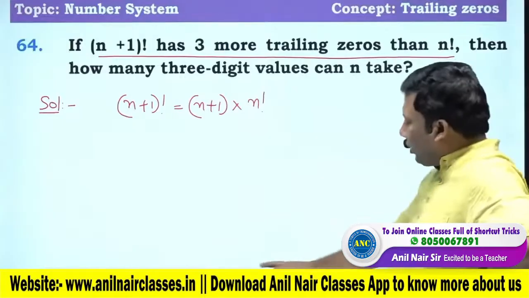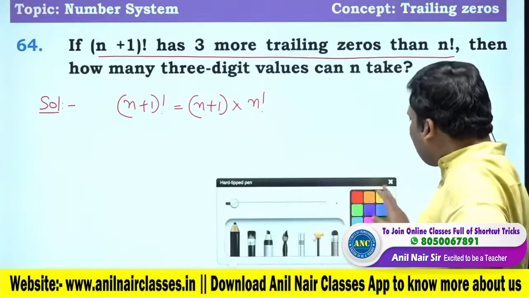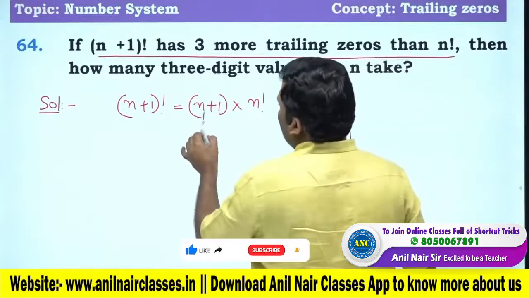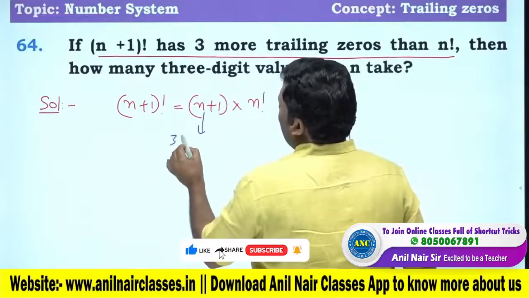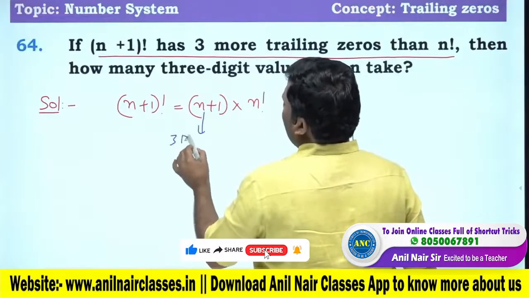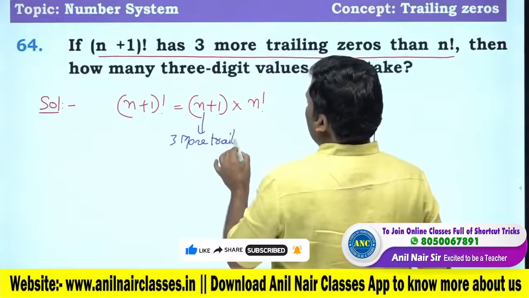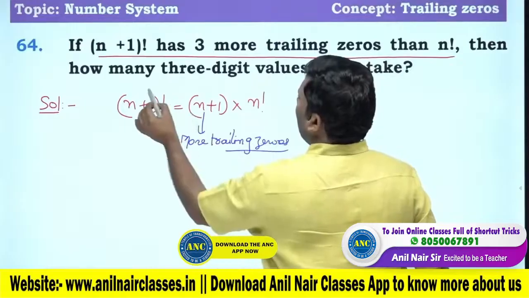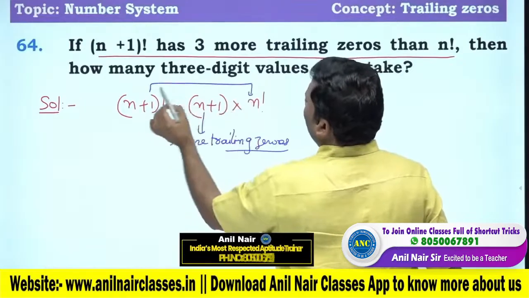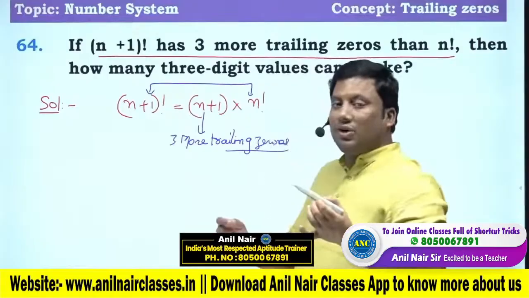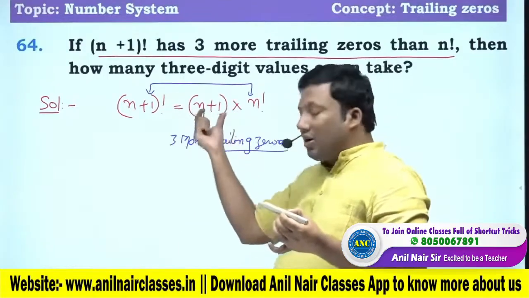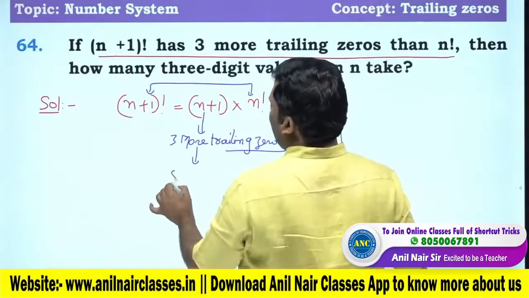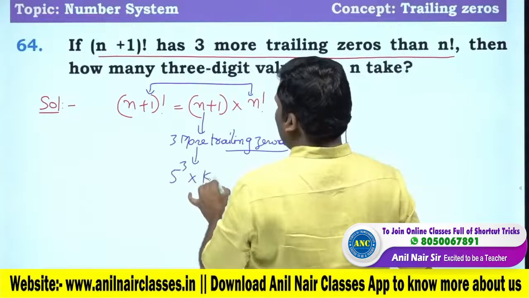The difference in the number of trailing zeros for n factorial and n plus 1 factorial is 3. That 3 is because of this n plus 1. 3 more trailing zeros. That means I should have 5 power 3 into k.